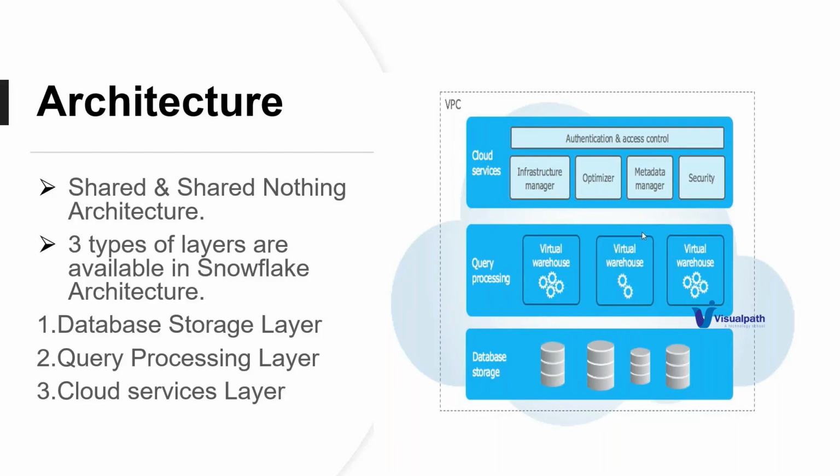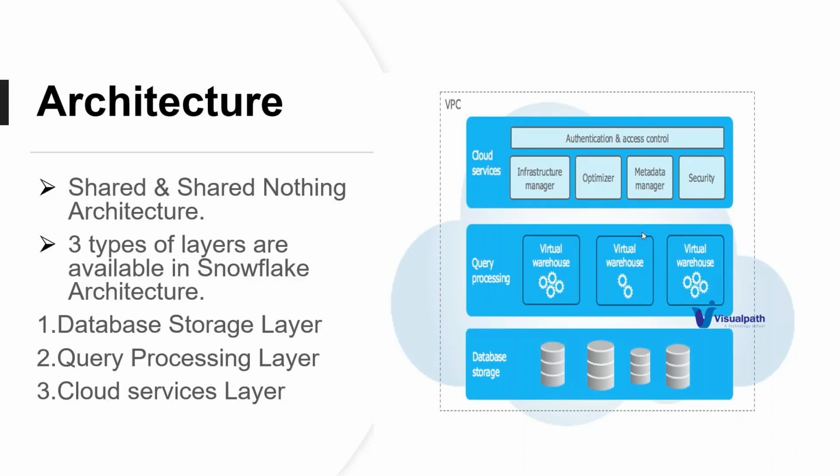Here we need to understand that database storage, query processing, and cloud services are three different layers, and these three are not dependent on each other. They are independent of each other. Whatever activities are done at the database storage layer will not impact the query processing layer, and vice versa.